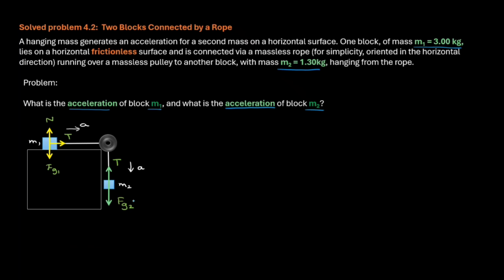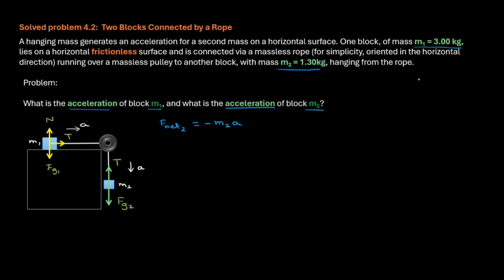M2 is accelerating down, and whenever an object is accelerating, the equation of net force becomes F net equals m into a. And since this acceleration is pointing down, I have to take a negative sign for it. Now F net is the vector sum of all forces acting on M2. And when we take vector sum, we have to add all the forces by taking their direction into consideration.